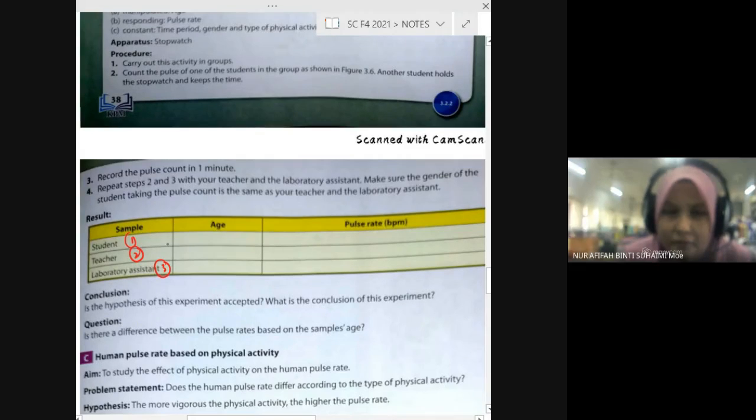For younger age, students have a higher pulse rate than teachers, and teachers have a higher pulse rate than the lab assistant, or older age. So it means that older age has a lower pulse rate.